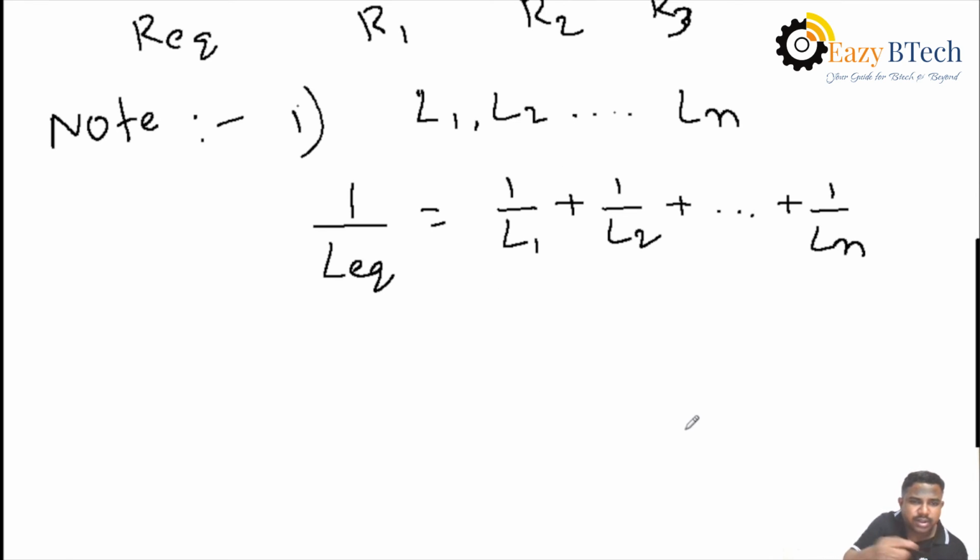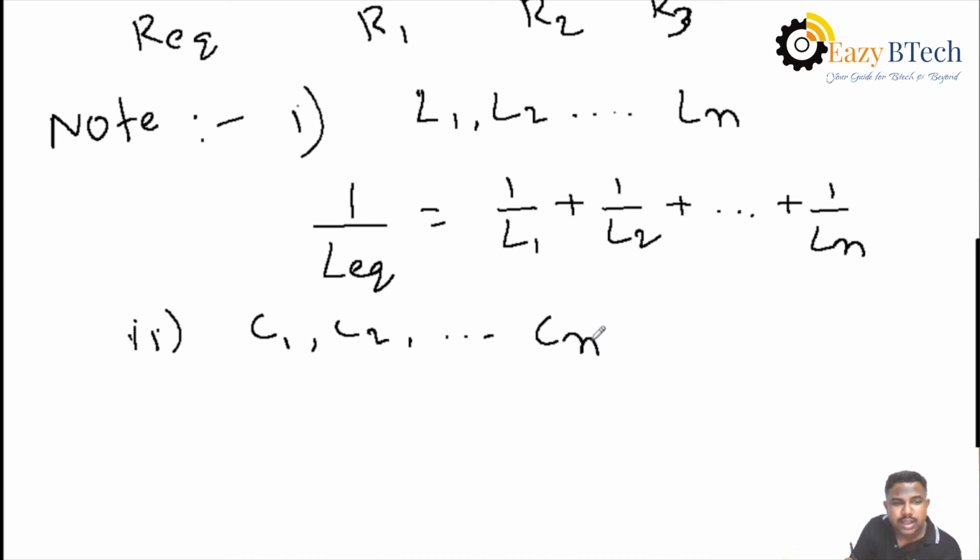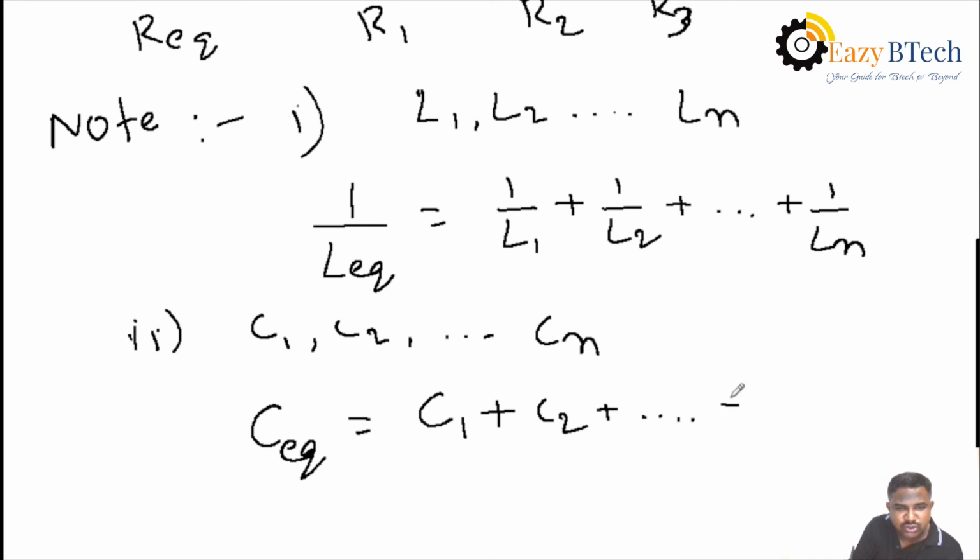In the same manner, if the capacitances C1, C2, C3, and so on, Cn are connected in parallel, the capacitance values will be different. In parallel connection, the equivalent capacitance is nothing but the sum of all capacitances, that is C1 plus C2 plus and so on, Cn.